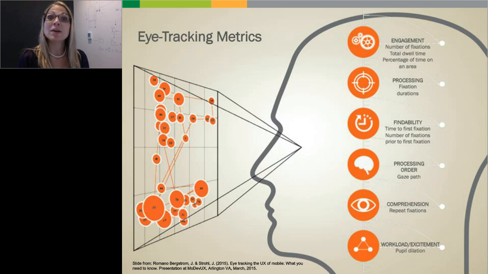Then comprehension: how well people understand things, if they need to continuously read things over and over to actually understand them, or if they have a more scanning pattern, maybe they're not reading at all. And then workload. When we look at things like pupil dilation, as I mentioned earlier, we can look at things like workload and excitement.